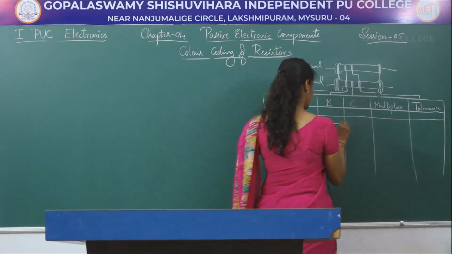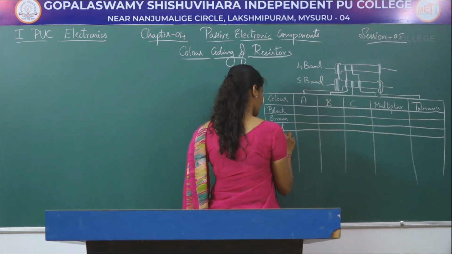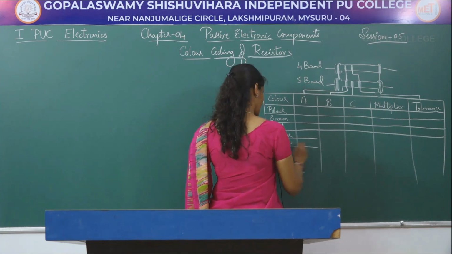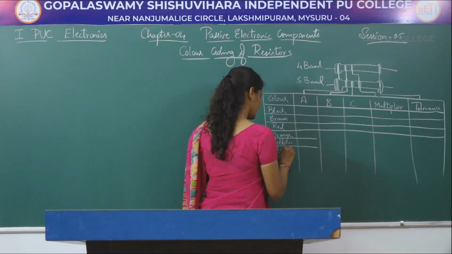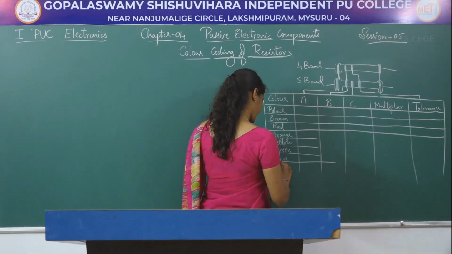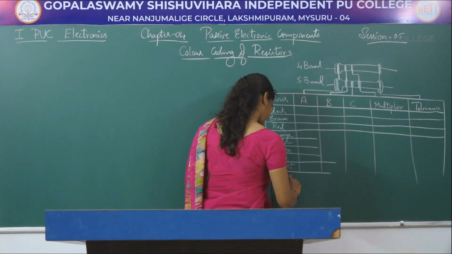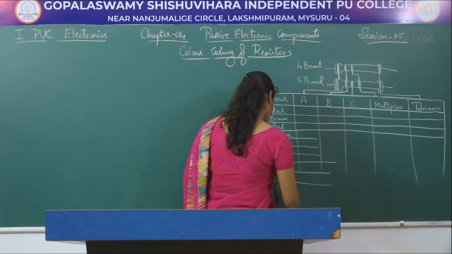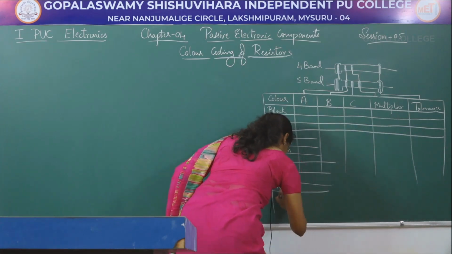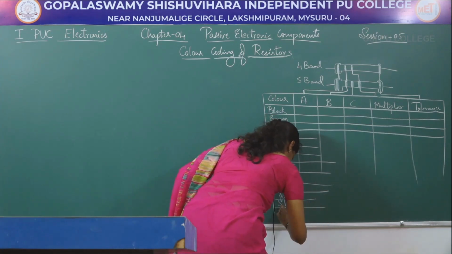First is black, then comes brown, red, then comes orange, yellow, green, blue, violet, gray, white, then comes gold, silver and no color.